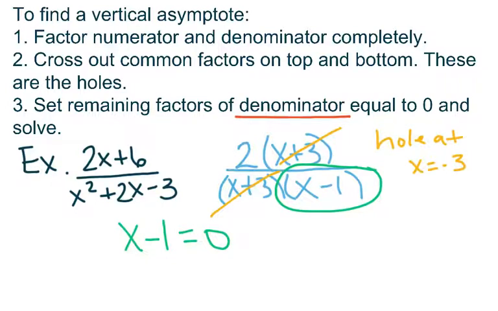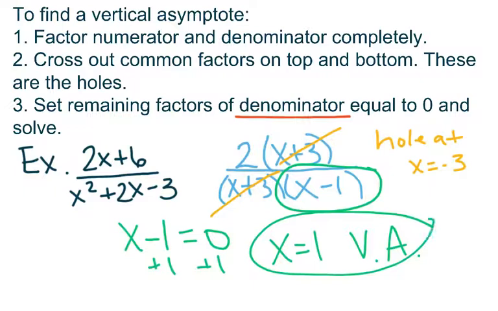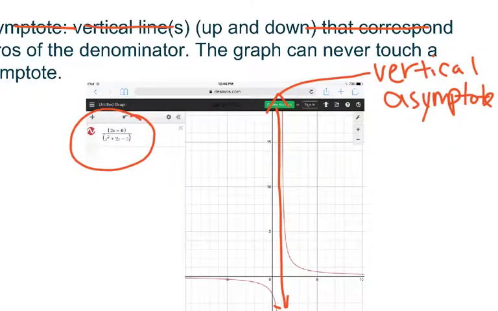But in this case, we just have x minus 1. So if I set it equal to 0, to get rid of -1, I add. So this means I have a vertical asymptote at x equals 1. So if I go back to that previous page, notice there was a line straight up and down at x equals -1, and that's my vertical asymptote.